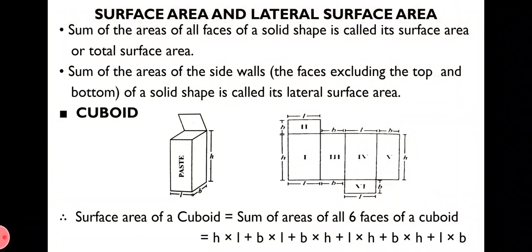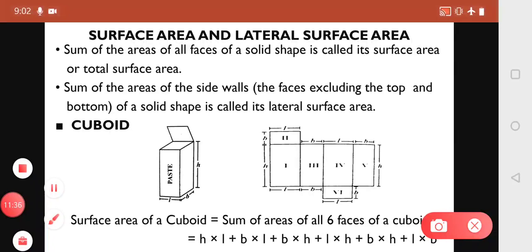And our last rectangle, the sixth, has length into breadth. So we get 6 different areas for the 6 rectangular faces: height into length plus breadth into length plus breadth into height plus length into height plus breadth into height plus length into breadth.